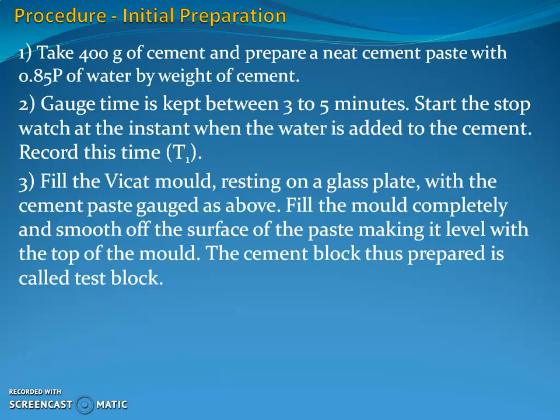Now fill the Vicat mold resting on the glass plate with the help of cement paste gauged as above. Then fill the mold completely and smooth off the surface of the paste, making it level with the top of the mold. The cement block thus prepared is called the test block.